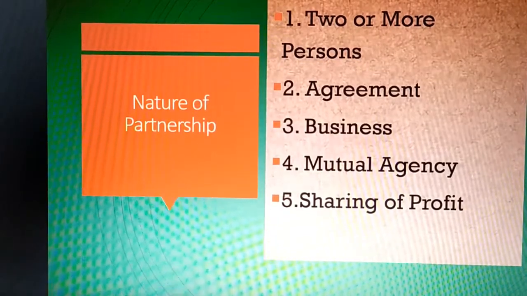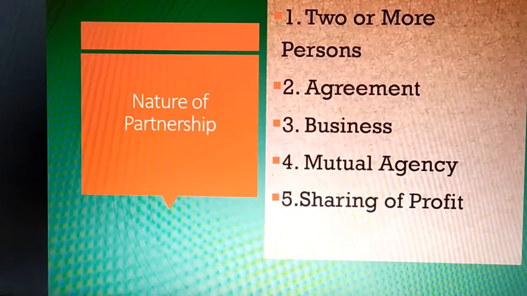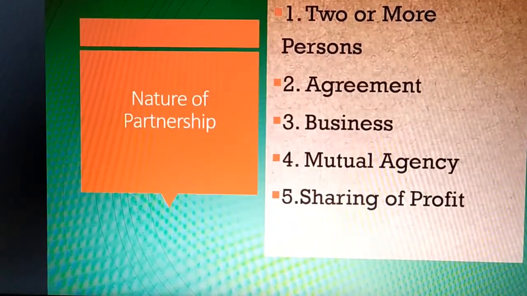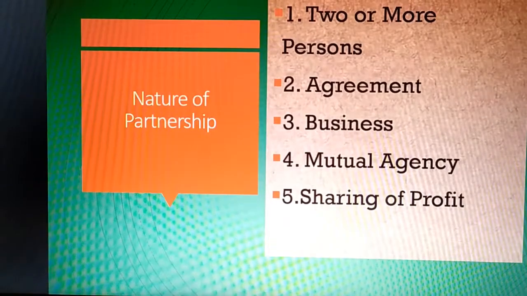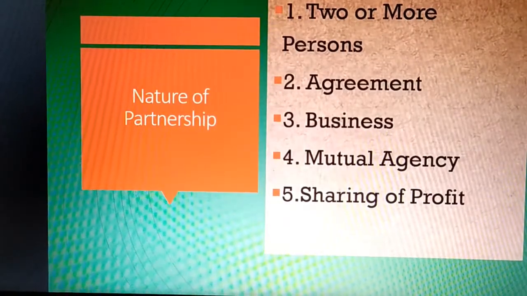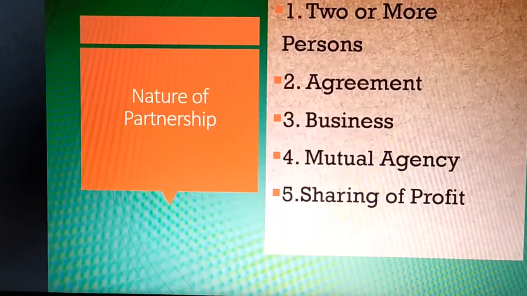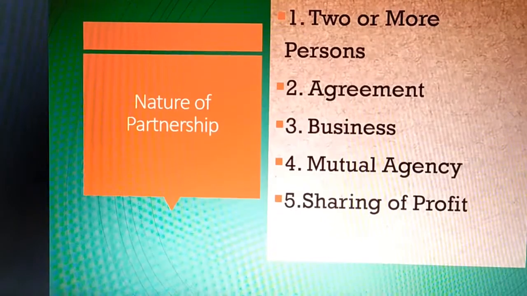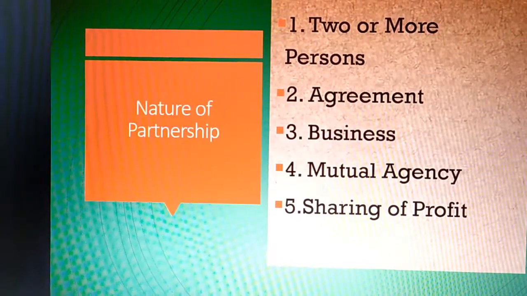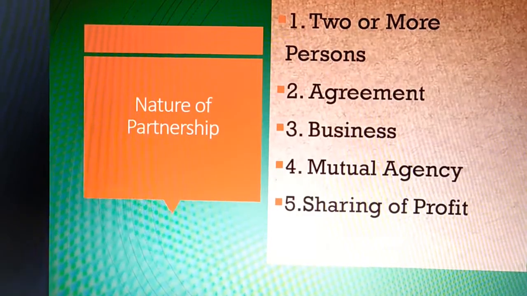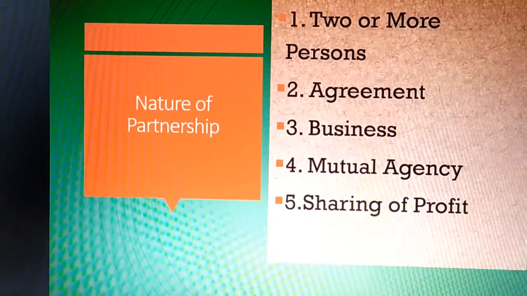The third feature of partnership is that it should be formed for a business, and the business has to be a lawful business. They may not set up a business for any activity which is unlawful or which is not permitted by law. So it has to be some business which they have entered the agreement for.